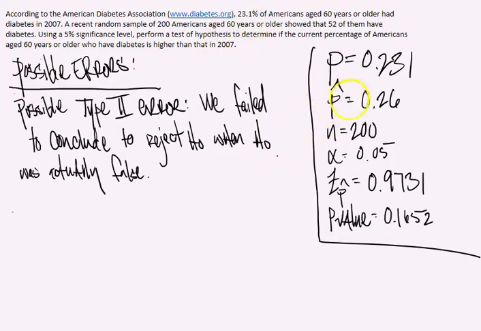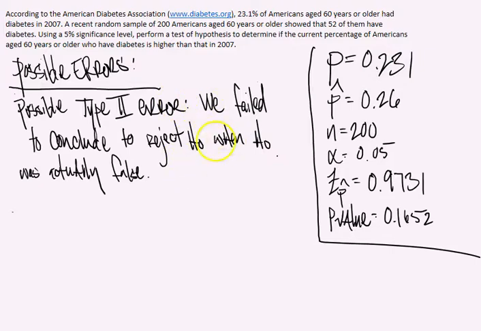We said that our data values were close enough to what we assumed to be true for us to say there's nothing weird going on, right? So we failed to say that there's something different going on when in fact this thing is not true, right? That's what a type 2 error is.